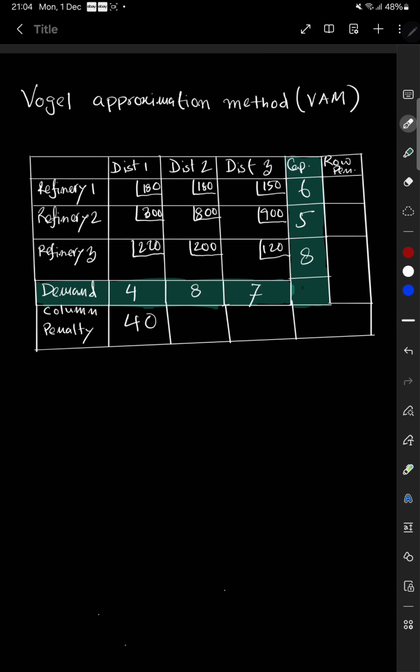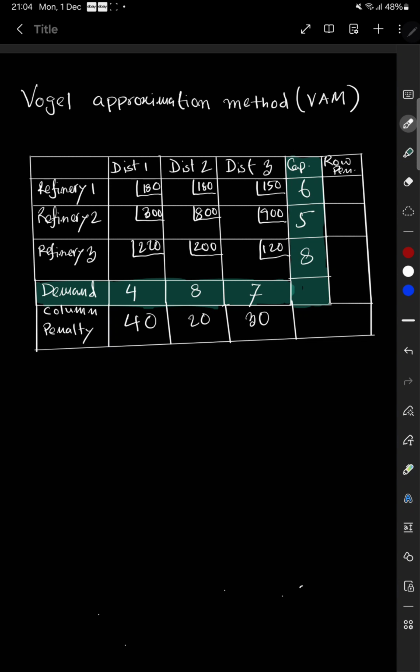Okay. Now let's do the second one the same way. The lowest is 180 and the next one is 200. So the column penalty for column 2 is 20. And then the third column, 120 is the lowest and 150 is the next value, so it should be 150 minus 120, which is 30.